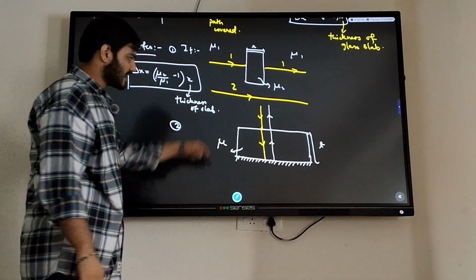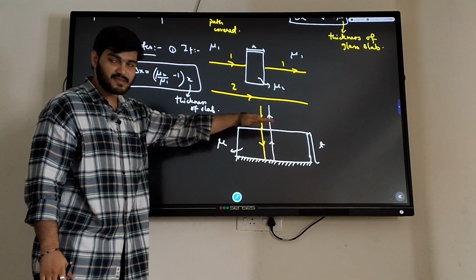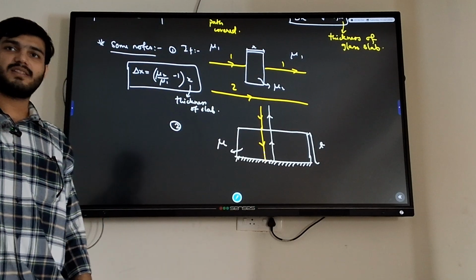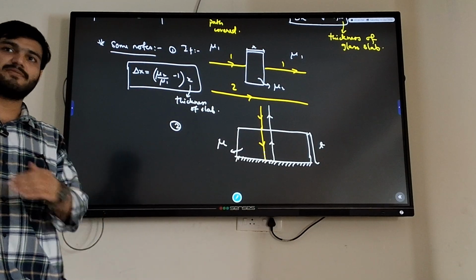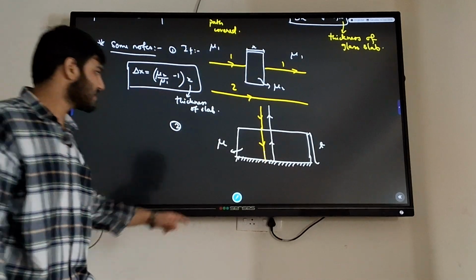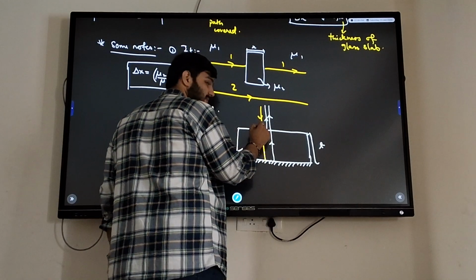Now, when this ray comes and hits the upper surface, do you remember that when a ray goes from one medium to another, there's always a possibility of partial refraction and partial reflection? Yes or no? So there is a possibility that there is a ray which is reflected from the upper surface itself.